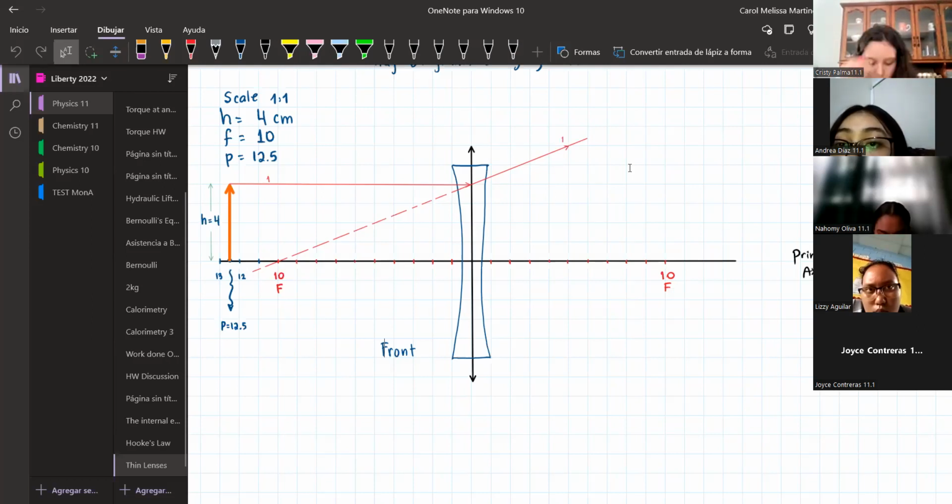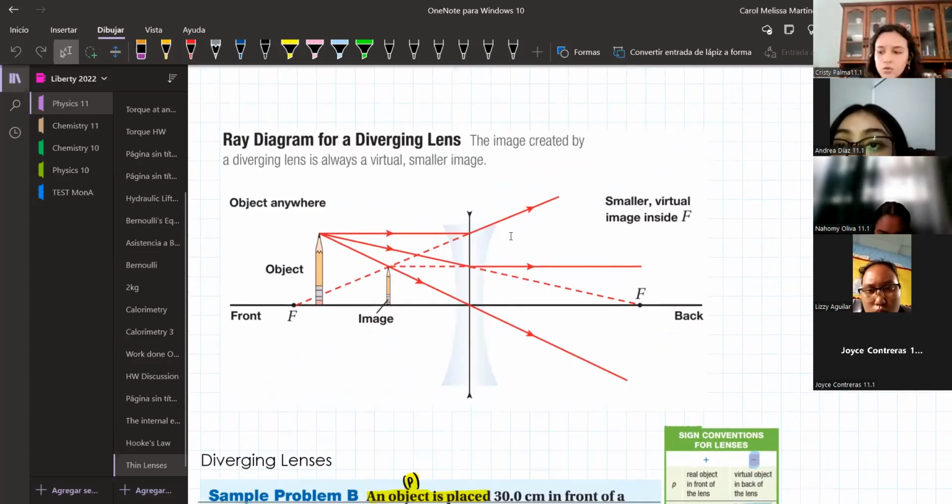Now, the second ray comes, well, the one in the center.